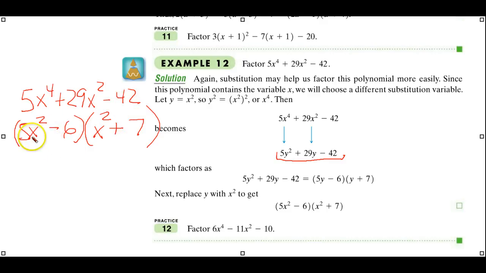So when we do our outers, we get a positive 35. Our inners, a negative 6, and it adds up then to a positive 29x squared. And there's our factorization. Now you could have substituted and then replaced the y's here with the x squares, or just do it straightforward here.